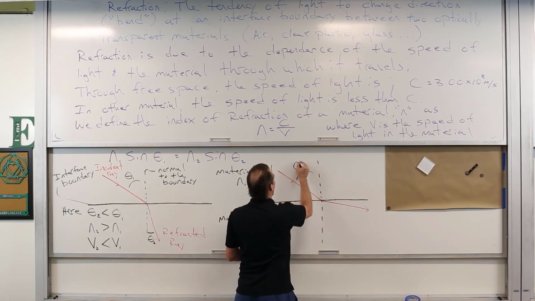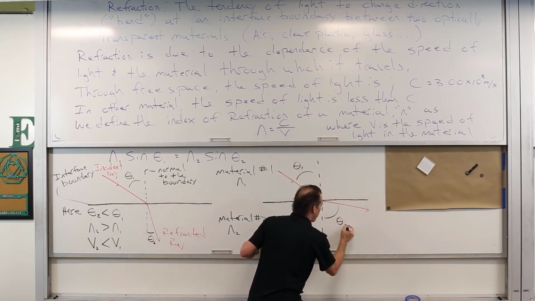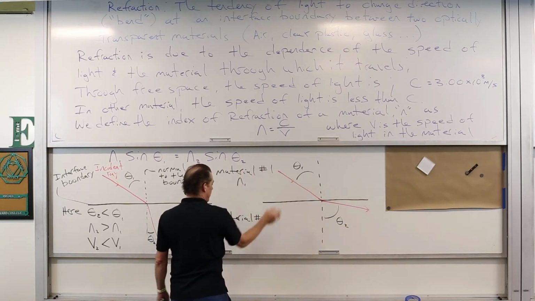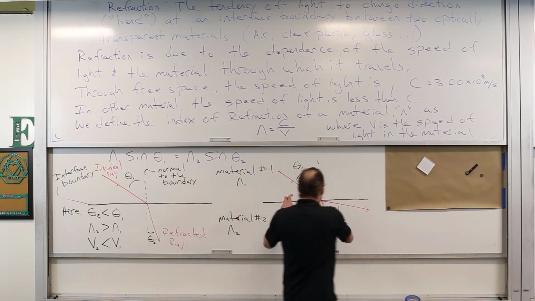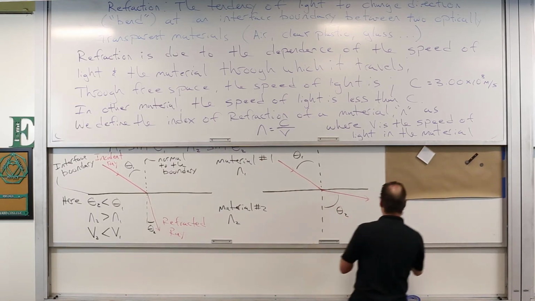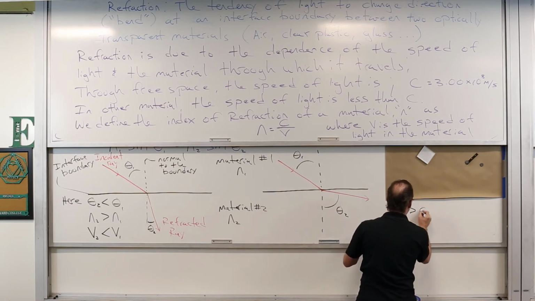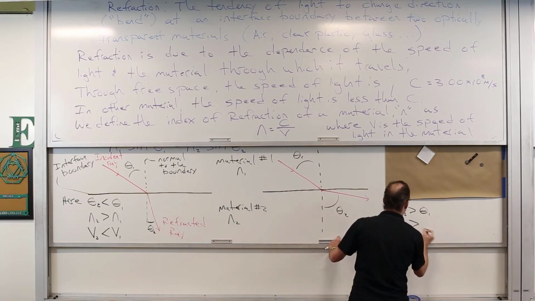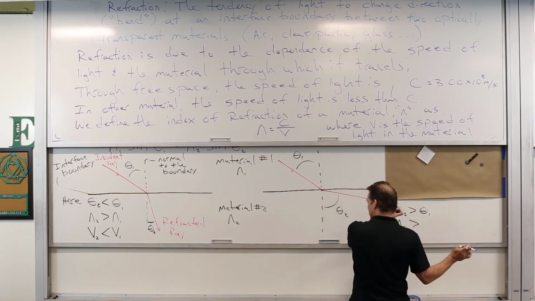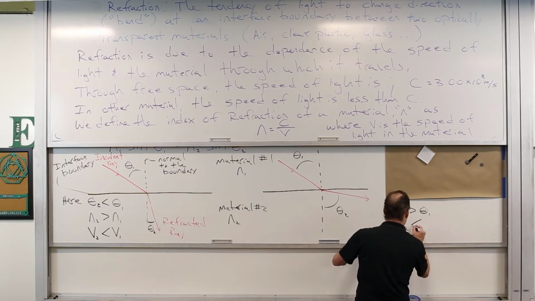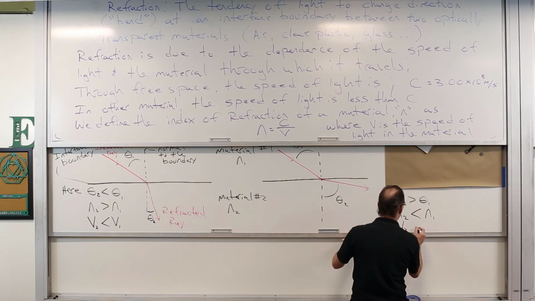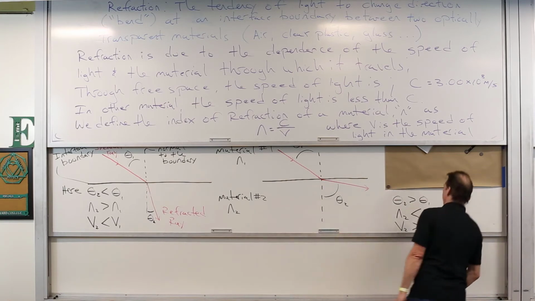We still have ourselves some theta 1 and some theta 2, the incident ray and the refracted ray. We have a material number 1 and a material number 2. But if this is going to be the case, just by direct inspection, theta 2 is greater than theta 1, which means that N2 is less than N1, which means that V2 is greater than V1.